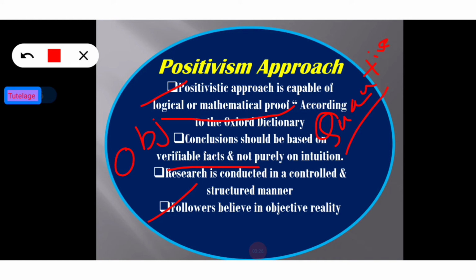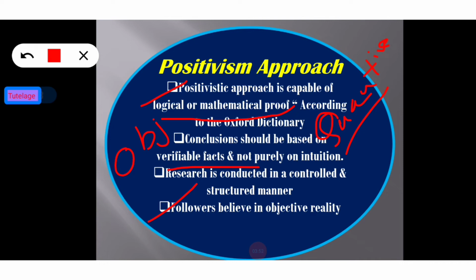So that's why it is conducted in a controlled and structured manner. Basically it is logically and scientifically verified, so it is conducted in a controlled and structured manner. It is based on quantitative research. Clear? So the results should not be based on the value judgment of the researcher.